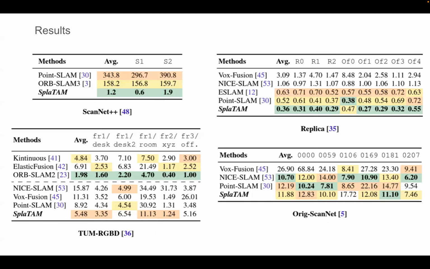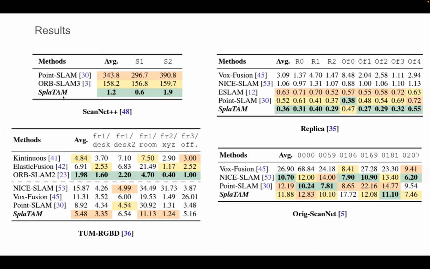And they have some quantitative results. So here they show, so previous SLAM-based methods were mostly point-based. So this is a point cloud-based representation, and ORB SLAM is just a follow-up on this point SLAM.